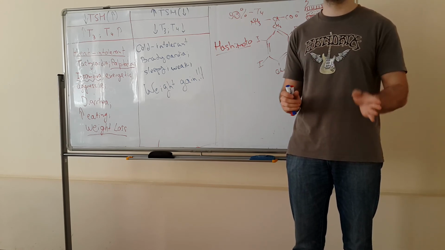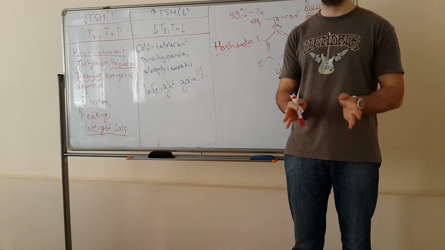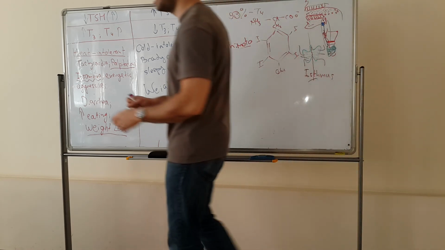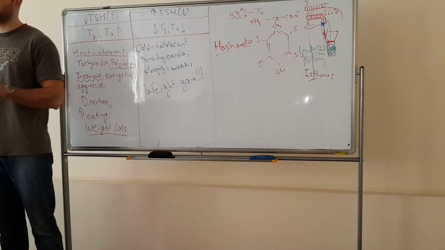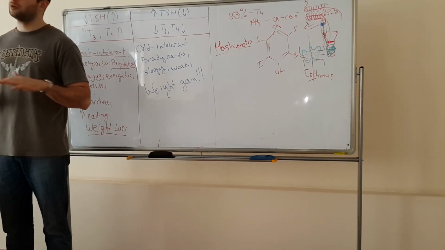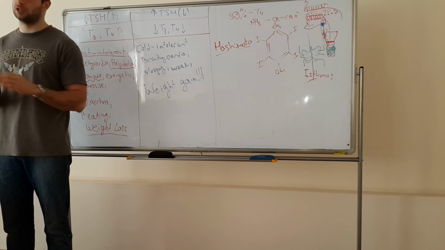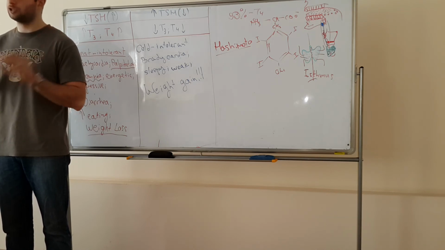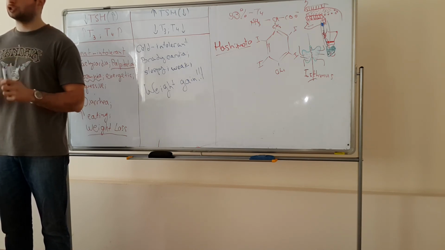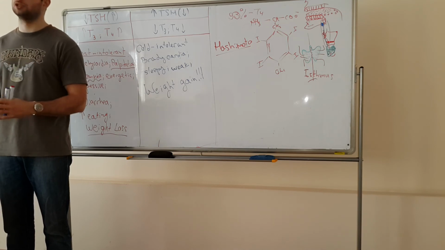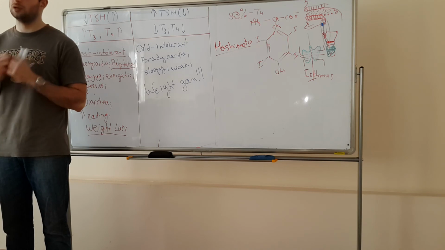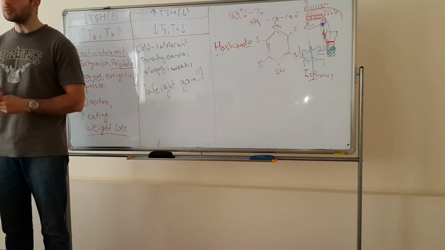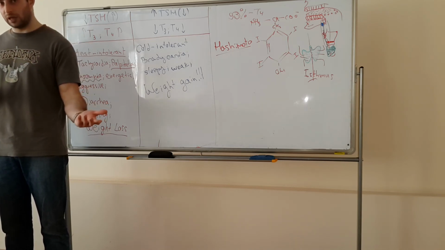So after the Hiroshima and Nagasaki nuclear bombing, the level of thyroid disease in Japan is extremely high. So I just want you to remember that radiation is one of the most important causal agents of thyroid problems.